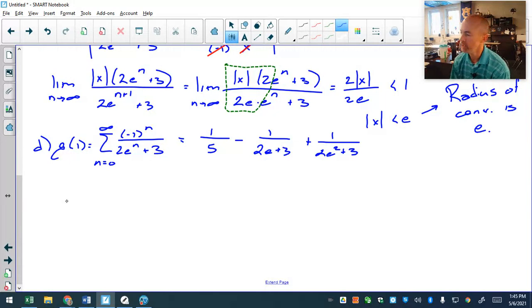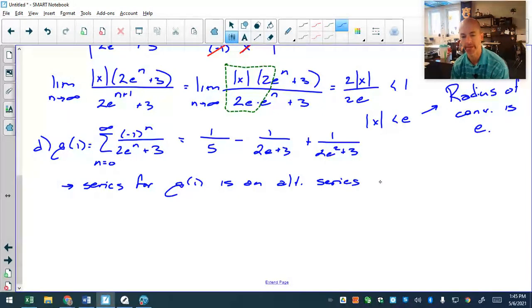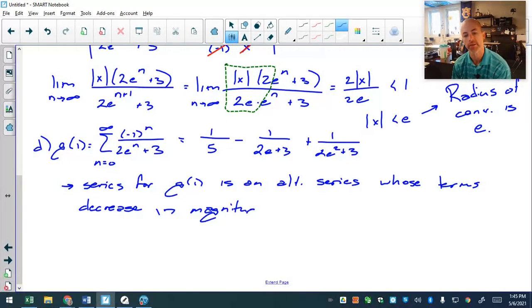And so I want to state that the series for G of 1 is an alternating series whose terms decrease in magnitude, or you can say in absolute value or something like that, to 0.